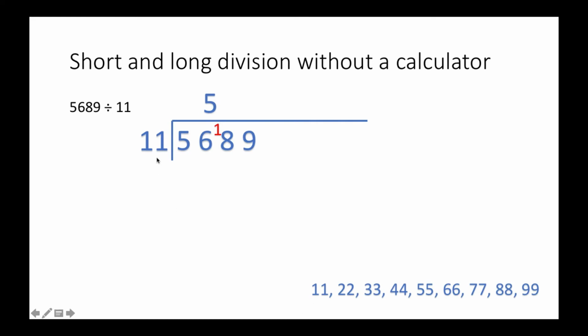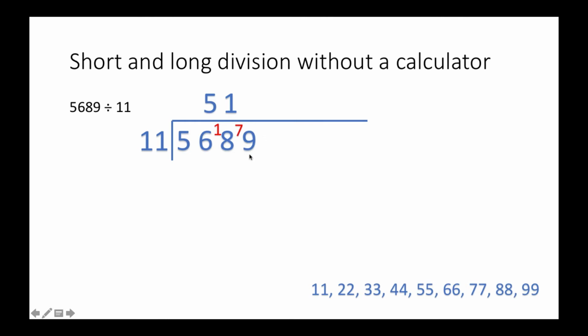Now, I need to work out how many 11s go into 18. If I look at my 11 times table, I have 11 and 22, and 22 is too big, so I can only fit one in. So one goes there. Okay. Then from 11 up to 18 is 7, so I need to put 7 as my remainder there.